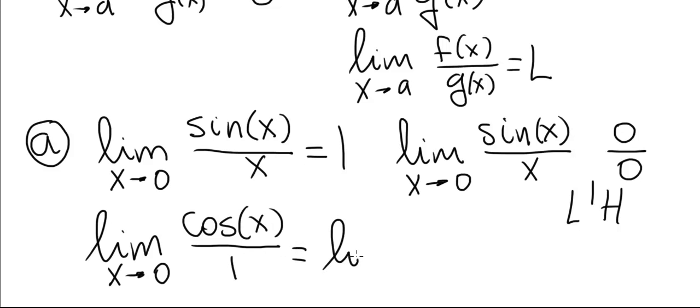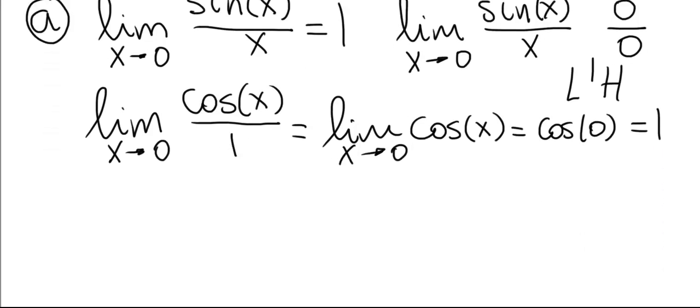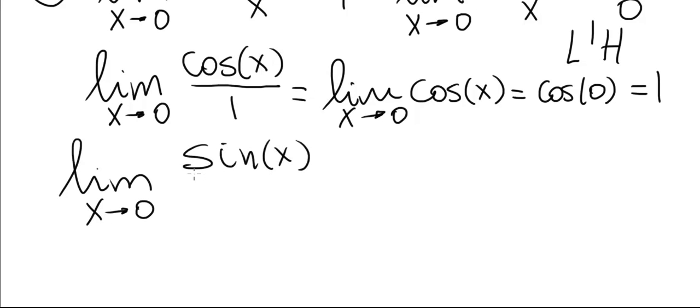That is just the limit as x approaches 0 of cosine of x, and cosine is continuous at x equals 0, so this is equal to cosine of 0, which of course is 1. And so we verified by L'Hopital's rule the result we already knew, that the limit as x approaches 0 of sine x over x equals 1.